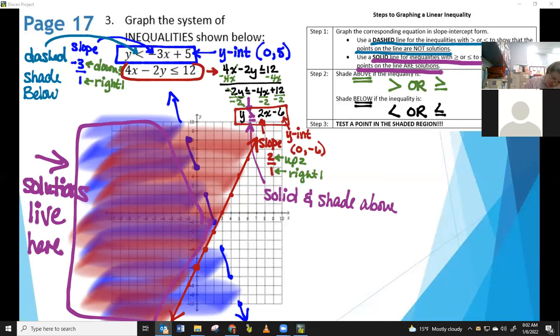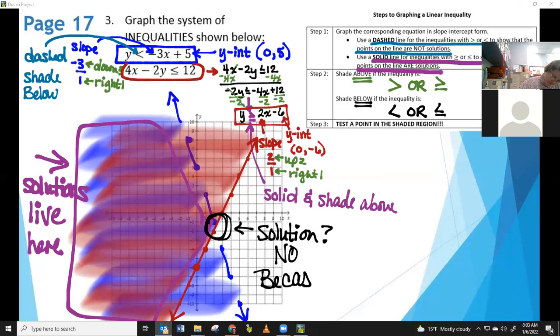Is the point where these two cross a solution? No, not a solution, because one of the lines is dashed.